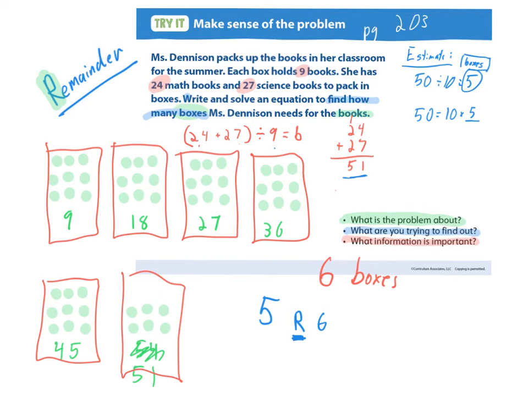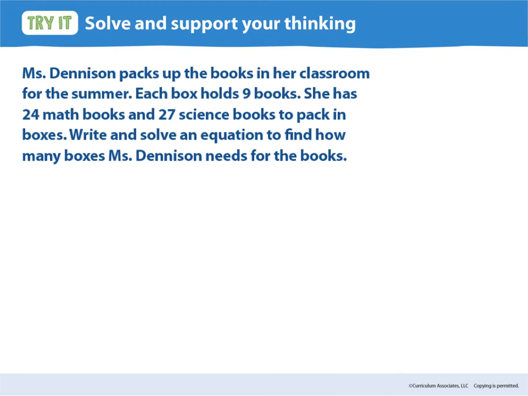This isn't the only way that we could have solved it. We could have also taken our 51 books that was split up. We could have skip counted it again. 9, 18, 27, 36.